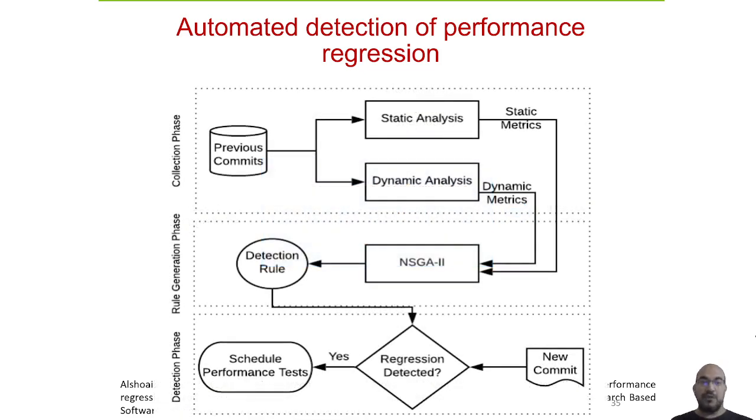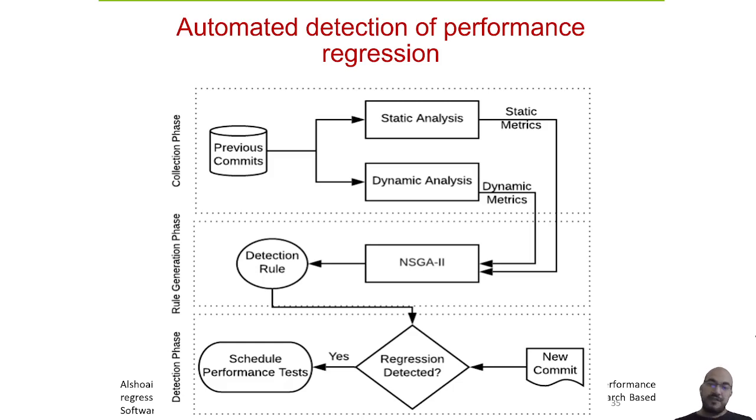We have three different phases. The first phase is the collection phase. In this phase, we look at the history of previously known commits, and by known, I mean they are known to be problematic or safe. We take each commit and run the benchmark, and we do static analysis and dynamic analysis to calculate those static and dynamic metrics.